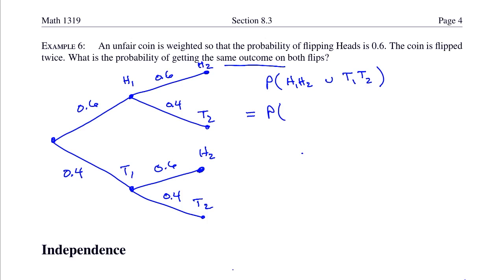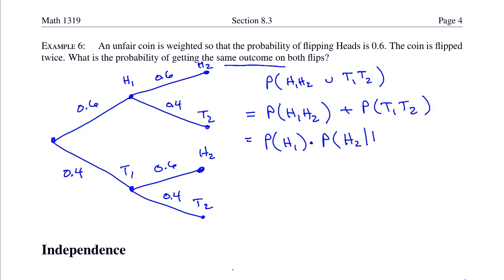So you would take the two probabilities and add them without worrying about the overlap. Then the probability of heads, heads would be the probability of heads 1 times the probability of heads 2 given heads 1. Plus, for the tails, tails, it's the probability of tails 1 times the probability of tails 2 given tails 1.